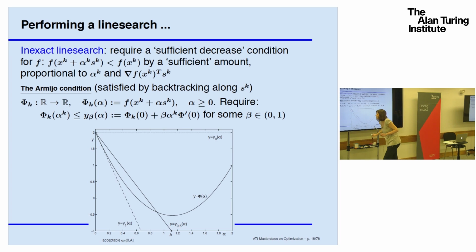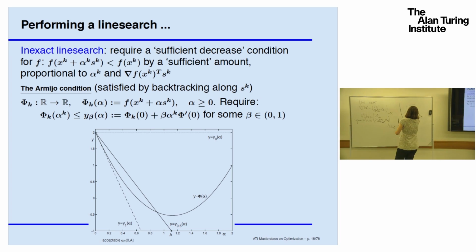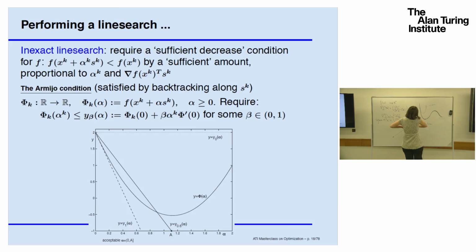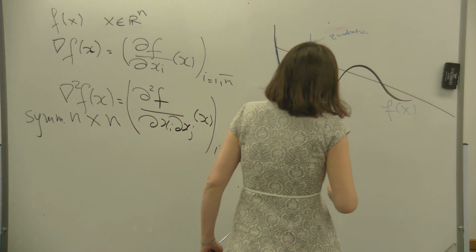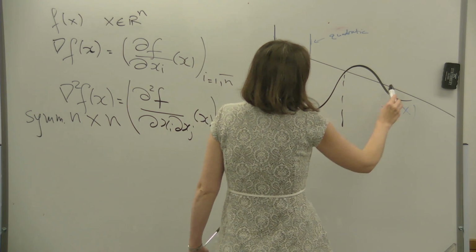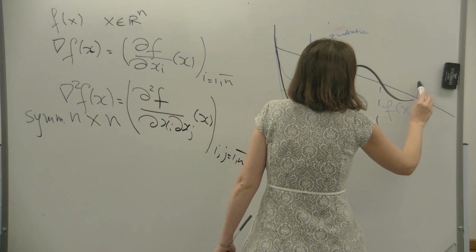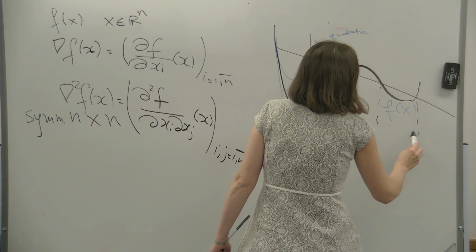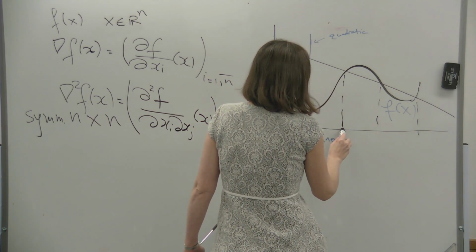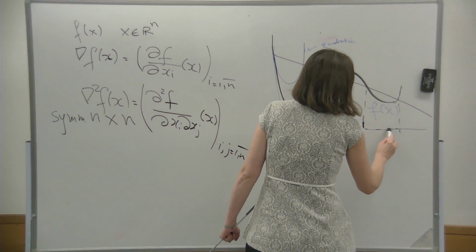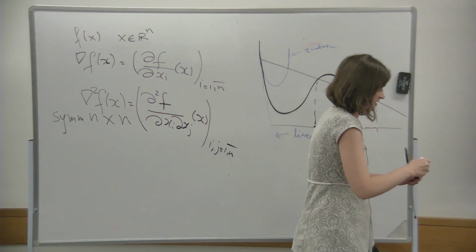If I look on my function here, I will always get a line that goes like this. And so I will have a set of acceptable intervals. Okay? This is what I will end up doing. I will end up choosing a step in one of these intervals.